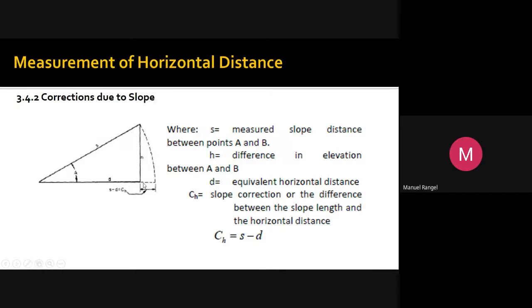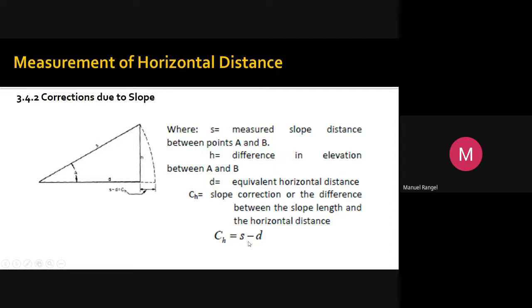S is the measured slope distance between points A and B. H is the difference in elevation between A and B. D is the equivalent horizontal distance. CH is the slope correction, the difference between the slope length and the horizontal distance.